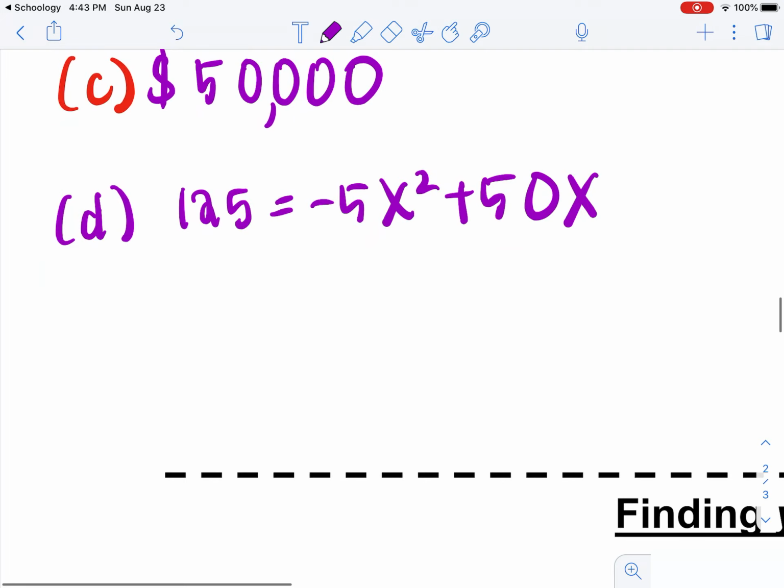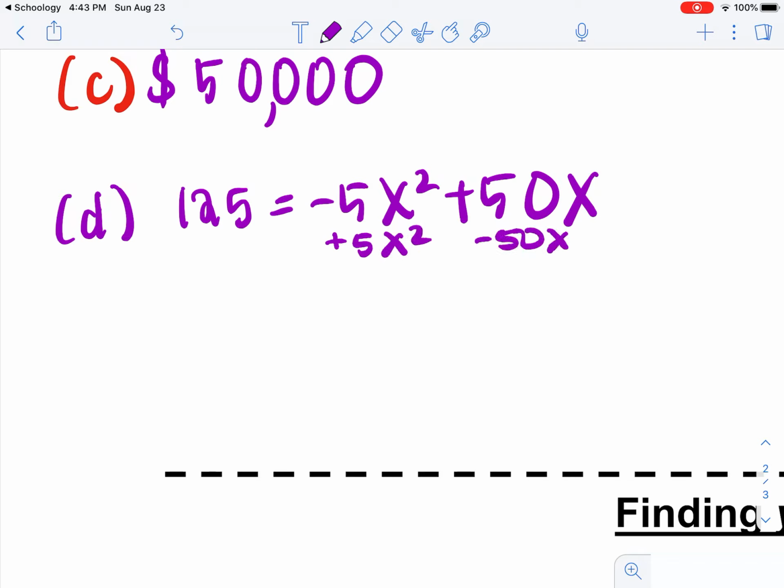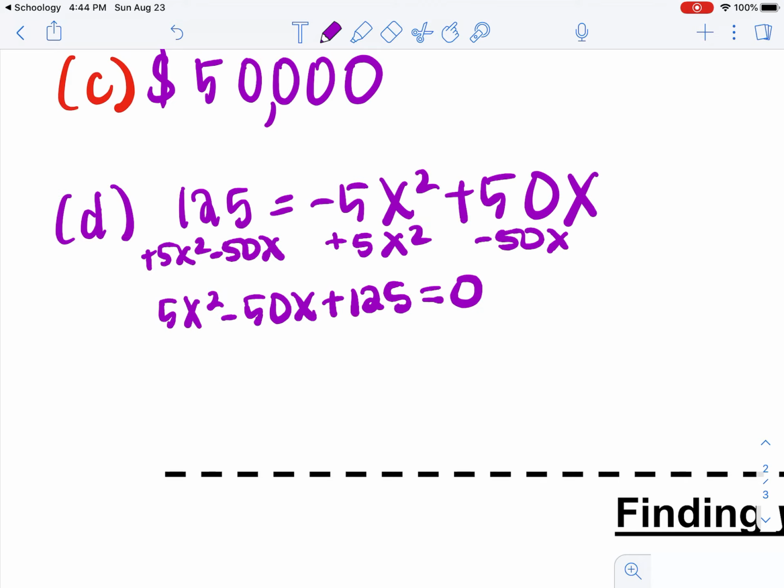So I cannot solve by square rooting. So I'm going to get everything on one side. I'm going to get everything on the left side so that my x squared becomes positive. So I'm going to add 5x squared, subtract 50x from both sides. So my equation is 5x squared minus 50x plus 125 equals 0.